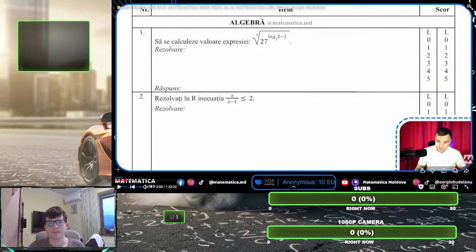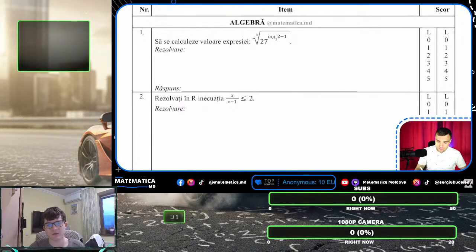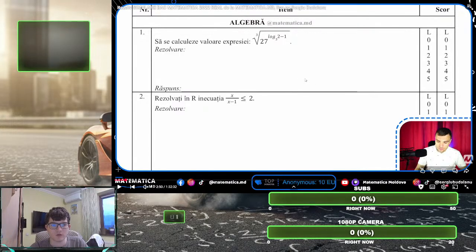So it's gonna start off with this first exercise. Logs and stuff. 2 minus 1 right there. 27, that's basically 3 to the power 3.